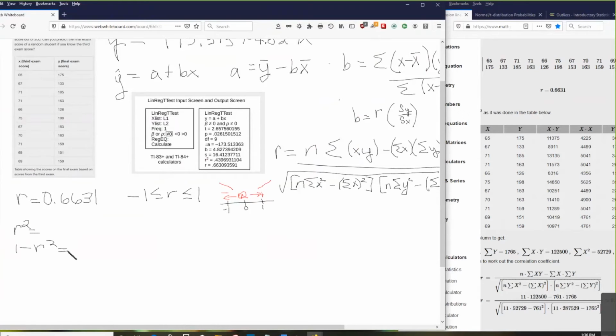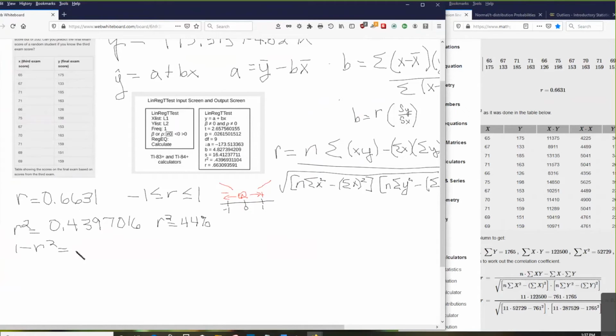So for this particular problem, if I have an R of 0.6631, then for my R squared, I'm going to square that, and that's going to give me 0.43970016. So as a percentage, my R squared is going to be about 44%.